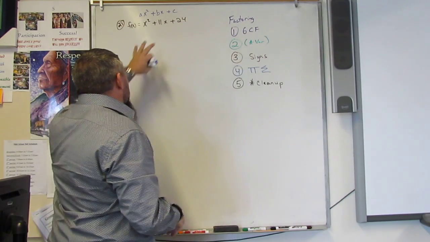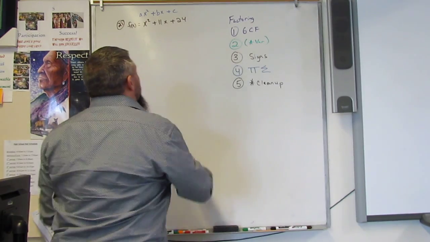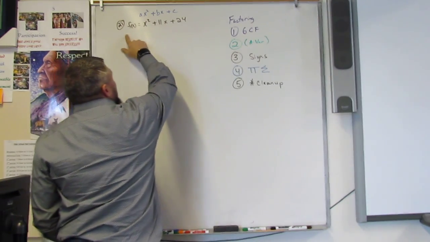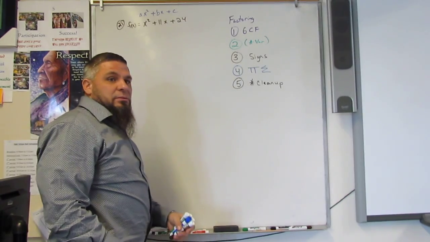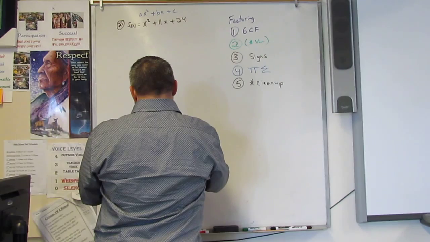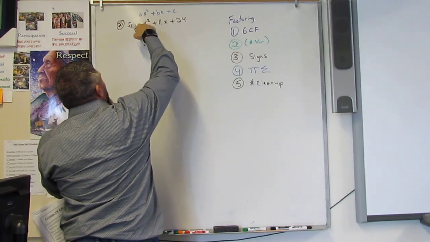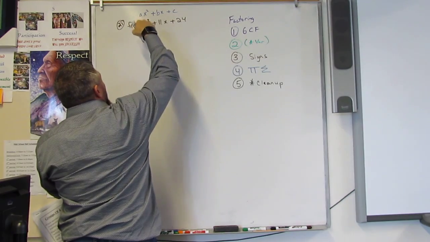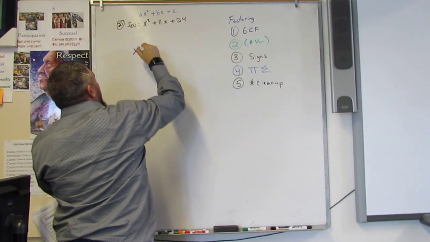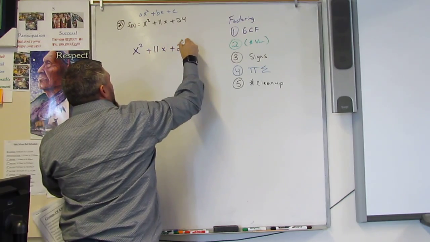So, this is the quadratic. Okay? And the way I deal with this is if there's nothing out front, then there's no GCF. Okay? There's no GCF. If there's no star, then there's no GCF. So let's look at that. X squared plus 11x plus 24.